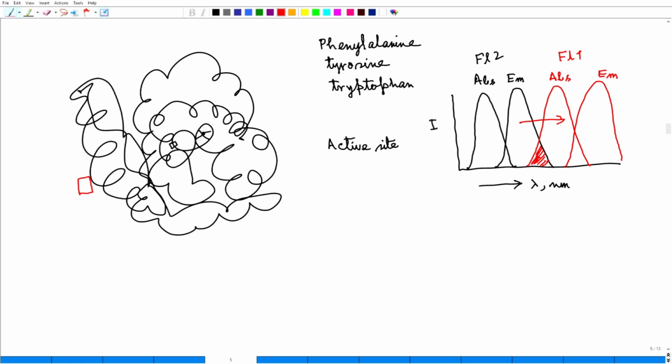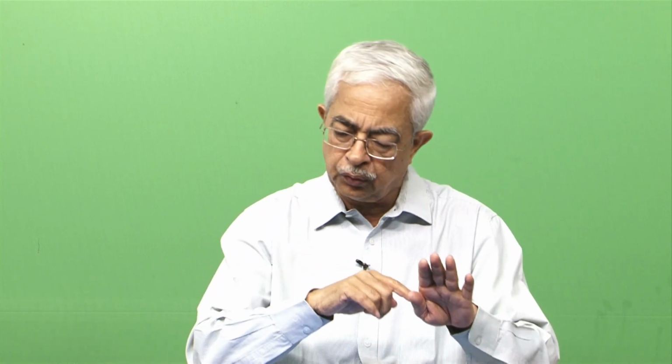Okay, I will tell you again. There are two fluorophores, fluorophore 1 and fluorophore 2. If the emission spectra of fluorophore 1 overlaps with the absorption spectra of fluorophore 2, then there will be energy transfer from fluorophore 1 to fluorophore 2.